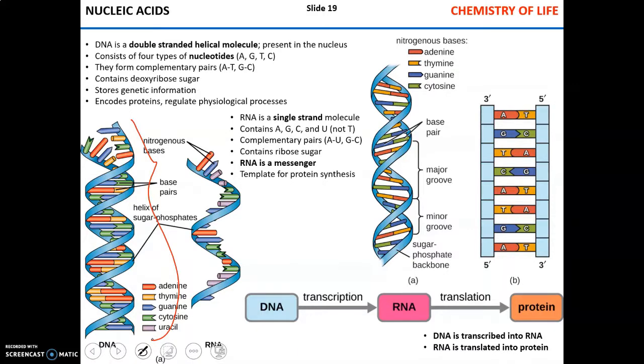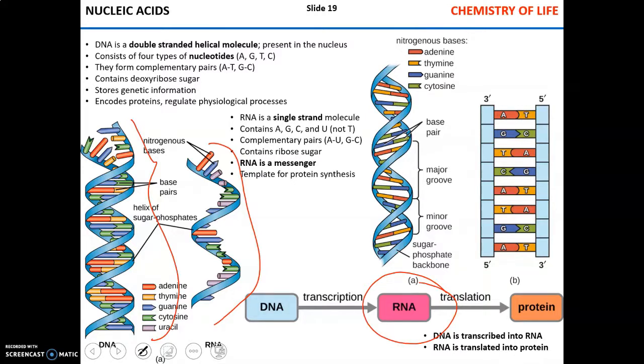It encodes proteins, regulates various physiological processes, while RNA, single-stranded molecule shown here, is a messenger molecule and serves as the template for protein synthesis. It essentially conveys the information from DNA to ribosomes for the protein synthesis.